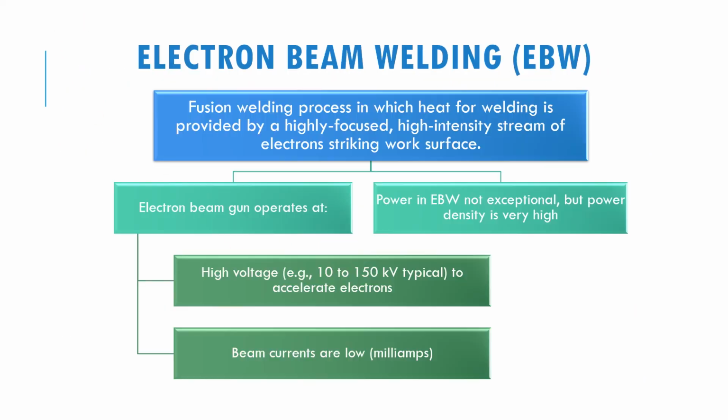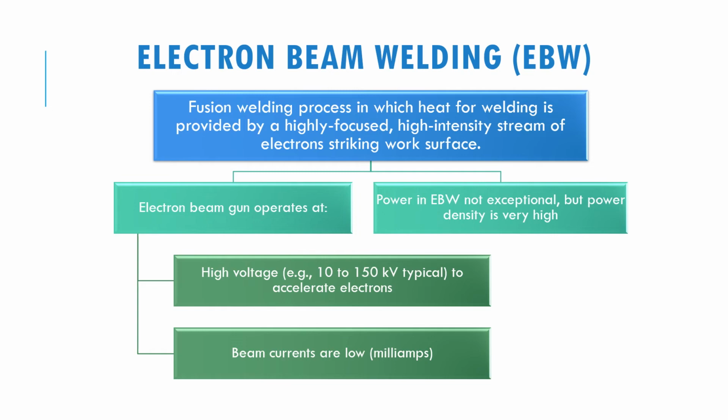So let us look into the last part of fusion welding, which is electron beam welding, or we call it EBW. For EBW, the fusion welding process, the heat for welding is provided by a high focus, high intensity stream of electrons striking the work surface.